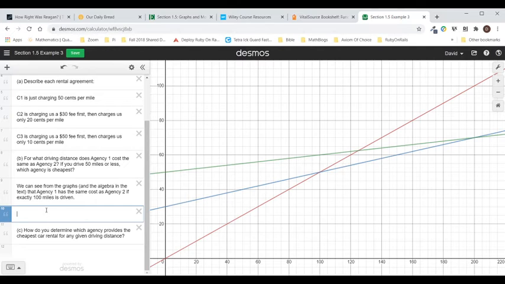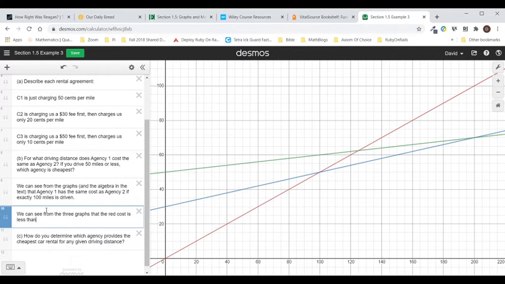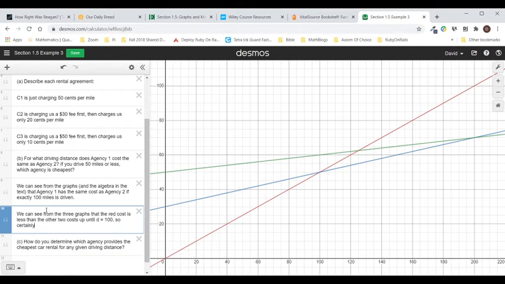And say, we can see from the 3 graphs that the red cost is less than the other two costs up until, well, D equals 100 miles. So certainly if only 50 miles are driven.